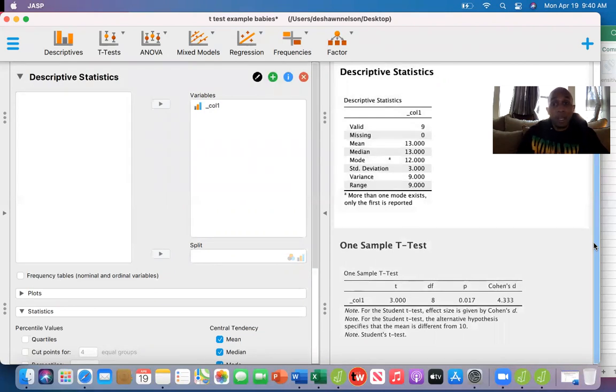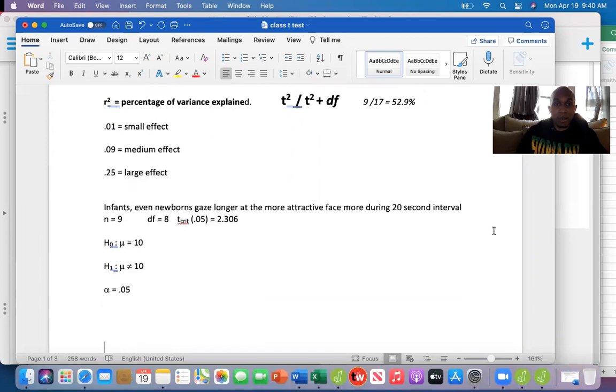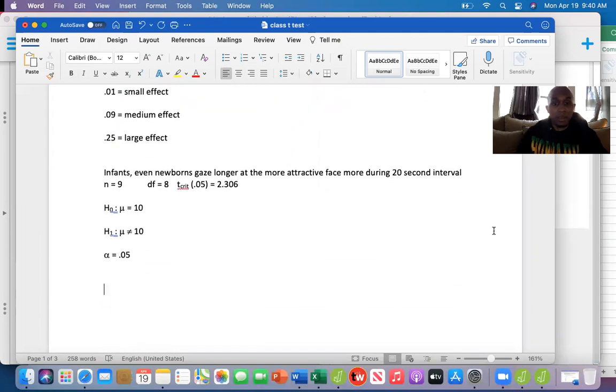All right, so just to wrap it up, we'll be able to say that attractive faces influence newborns to gaze longer.